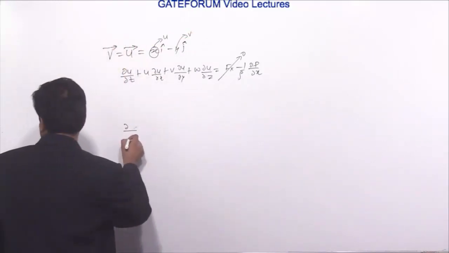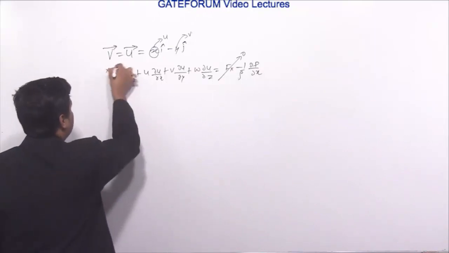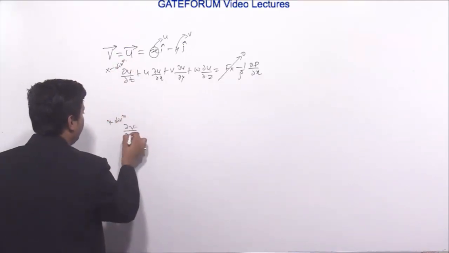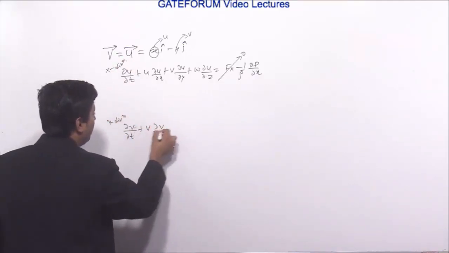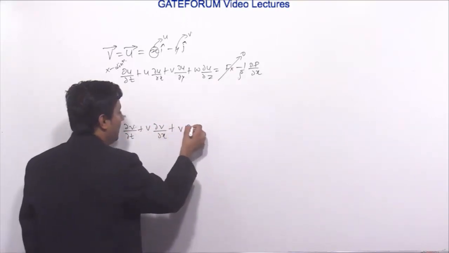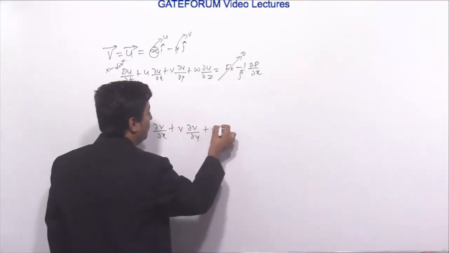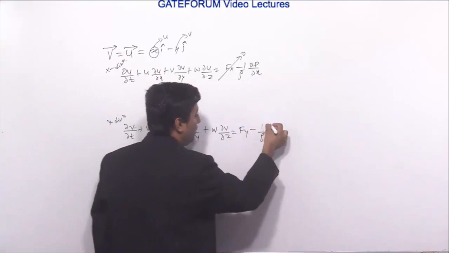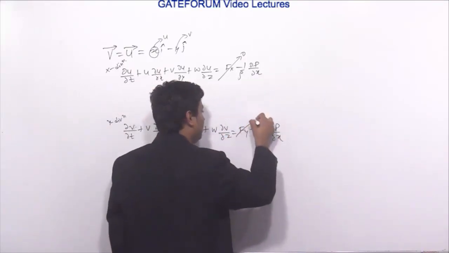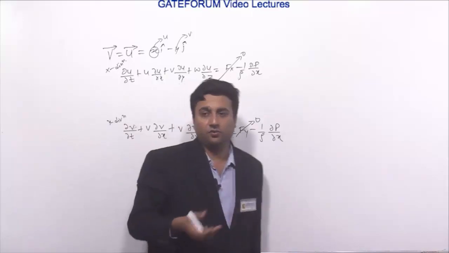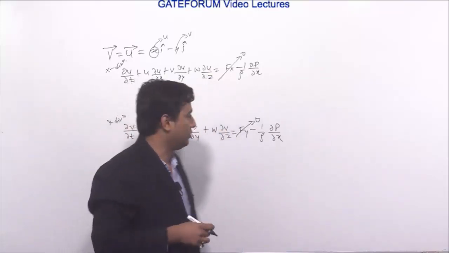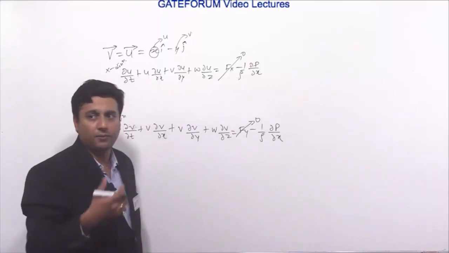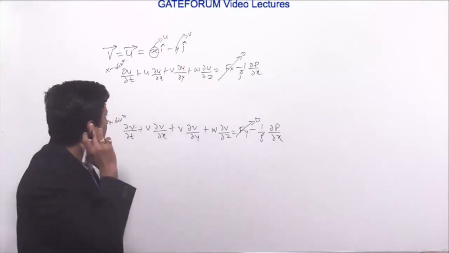So in the y direction: del v by del t plus u del v by del x plus v del v by del y plus w del v by del z is equal to fy minus 1 by rho del p by del y. Fy is generally equal to 0 when there is no mention of an external force. And what is your rate of change of momentum? That equation we have written, at a particular point, that is your pressure.